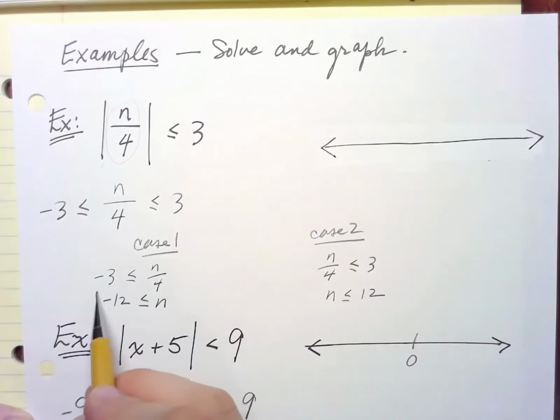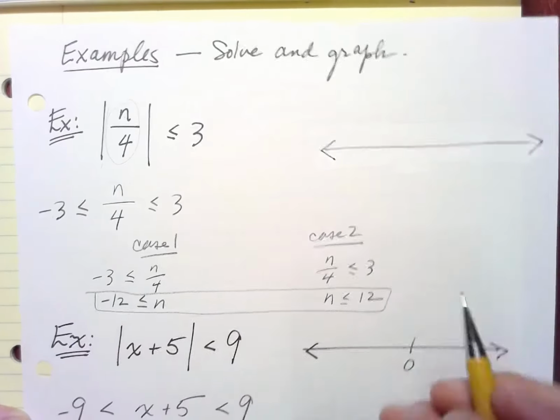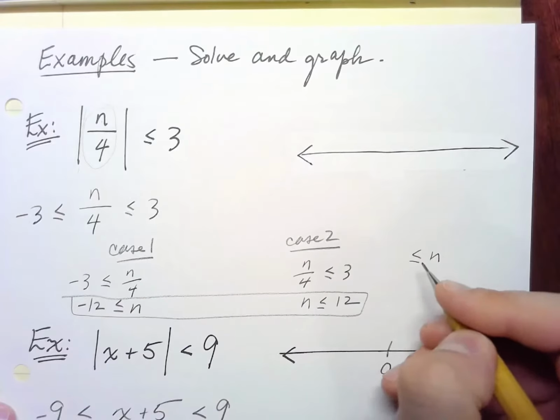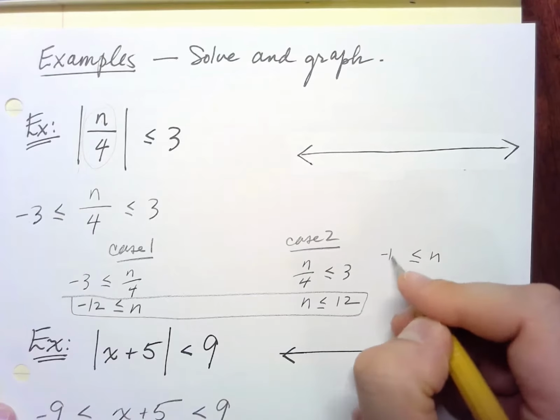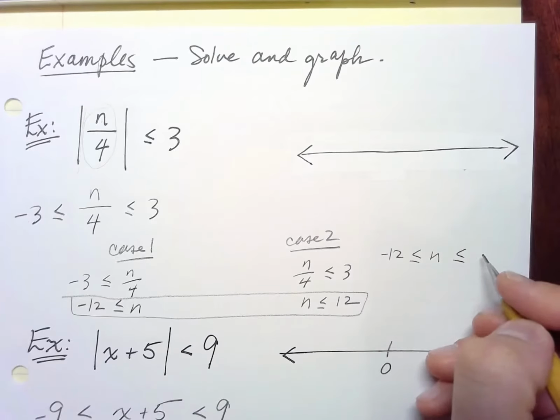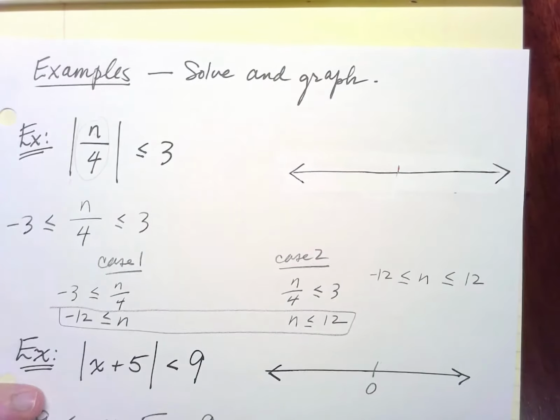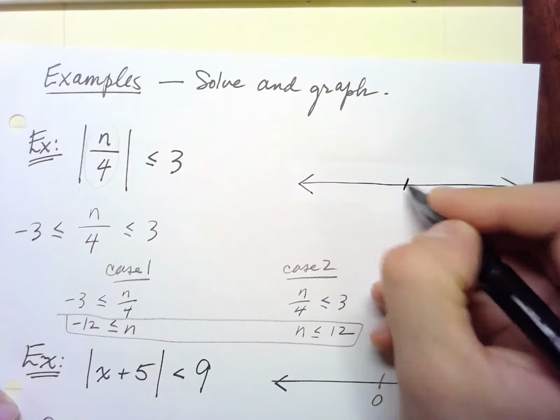And so then we can combine this back together, right? So we have n is bigger than or equal to negative 12 and smaller than or equal to positive 12. And so if here is 0, I'm going to use a marker to do this.